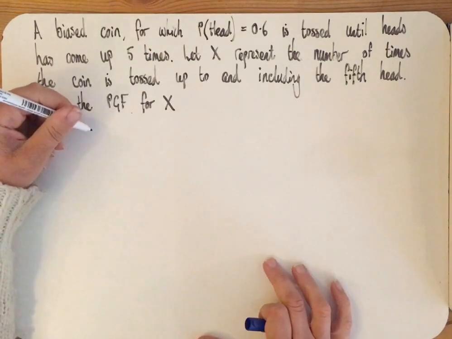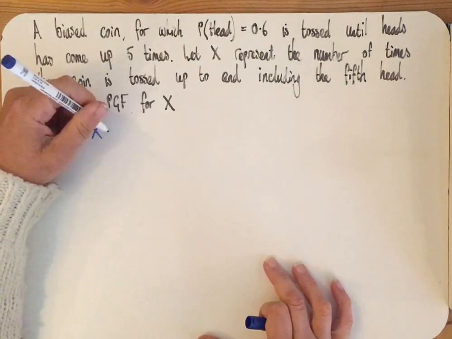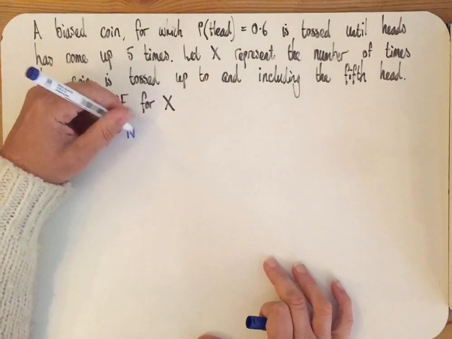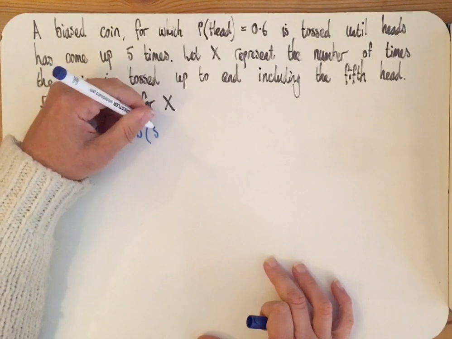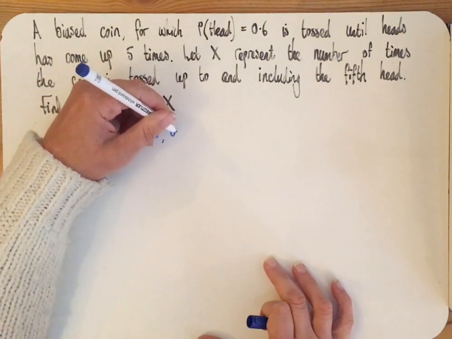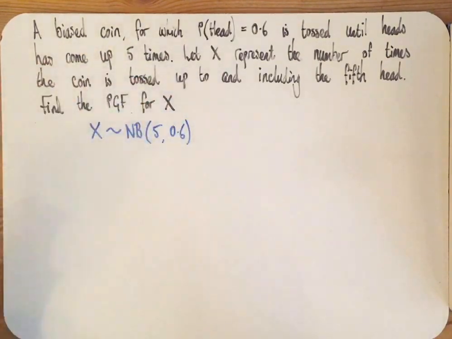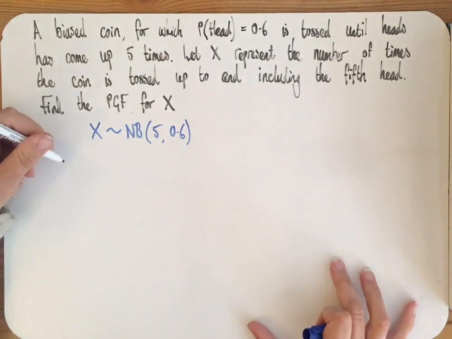So x is negative binomially distributed. r is 5 and it's biased, so p is 0.6. And again, I'm going to do this in a table and then pop the algebra in.